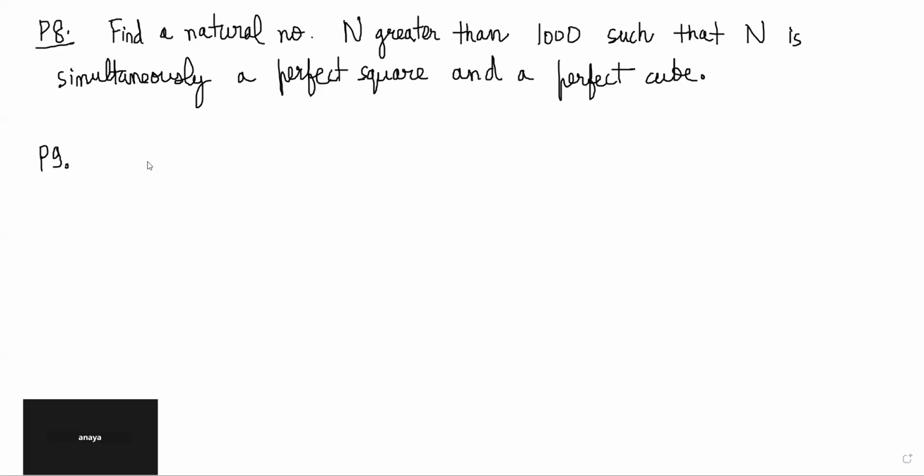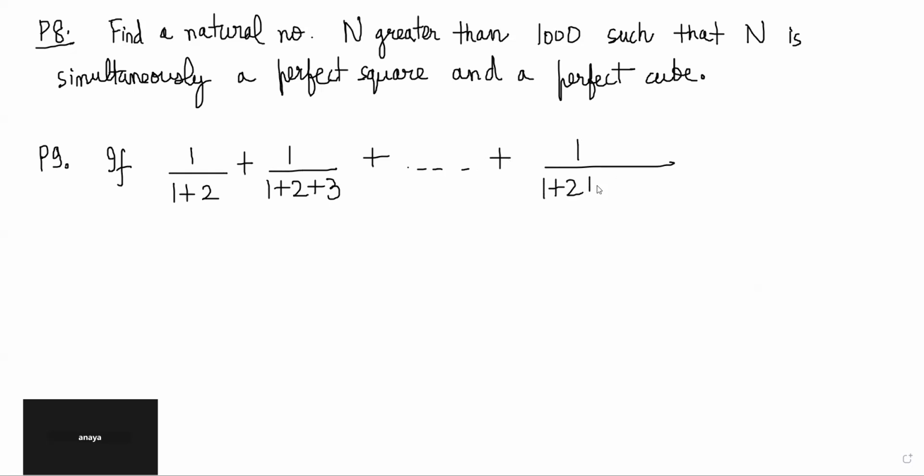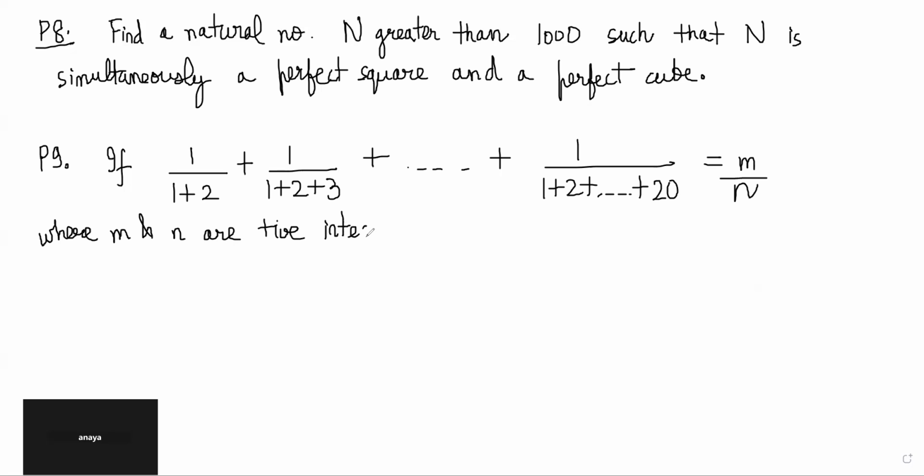Problem 9 is if 1 by 1 plus 2 plus 1 by 1 plus 2 plus 3 plus so on till 1 by 1 plus 2 till 20 is equal to m by n, where m and n are positive integers with no common divisors other than 1.